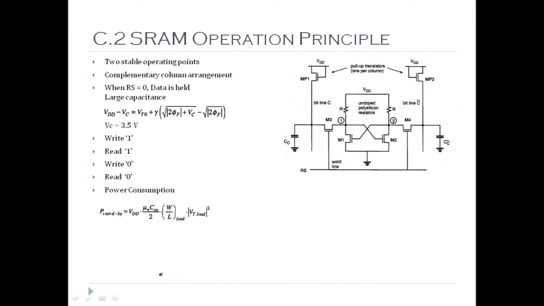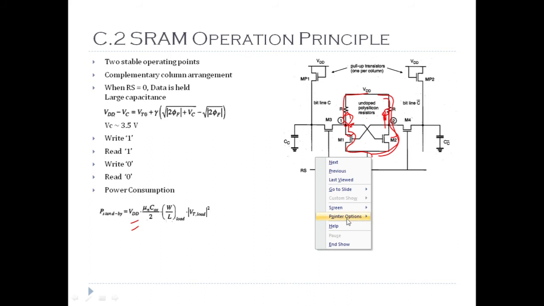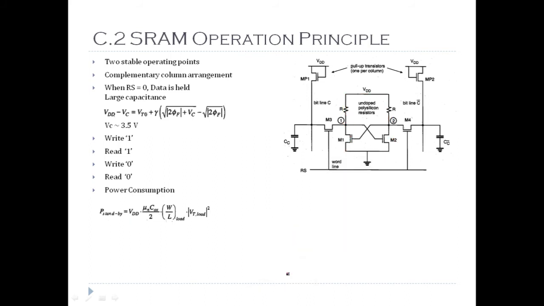So the static power consumption is given by the voltage times current. That's a simple formula. You consider any cell, because whether it is storing 1 or 0, there will be current flowing from VDD to ground through the on transistors. Here the voltage across this point is VDD and the current is nothing but the drain current.